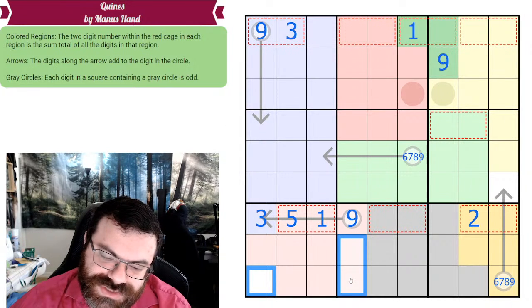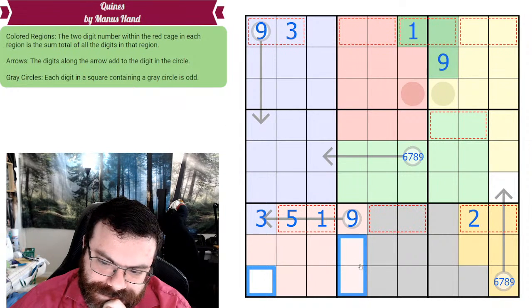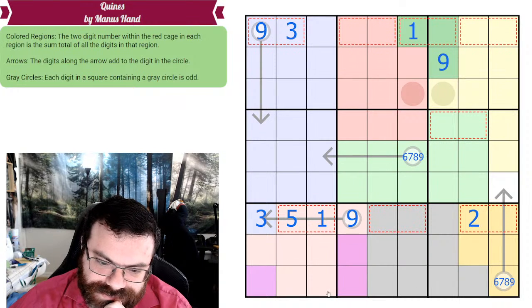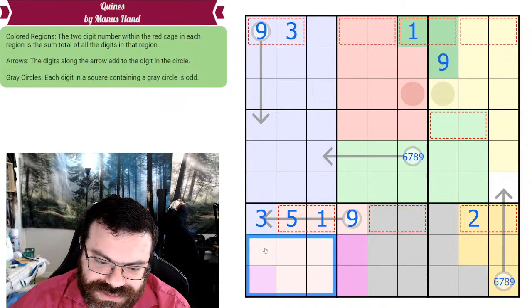This adds to the same as these two. For whatever that's worth. Maybe I'll just mark that real quick. These two add to the same number, I think. Because this is 36 and this is 36.